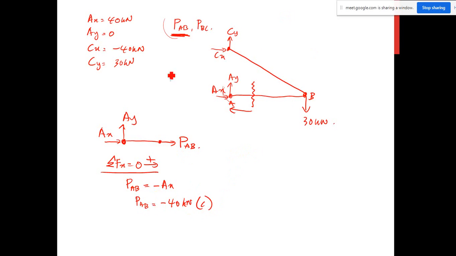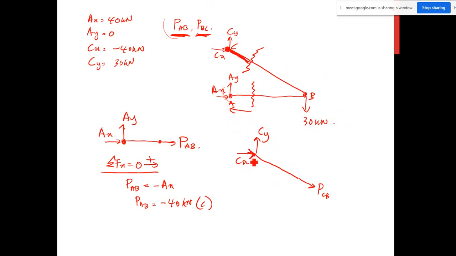Now, in order to calculate the PBC, you have to do the sectioning for member CB. That will be your PCB. Then you will have CX here and also CY here.